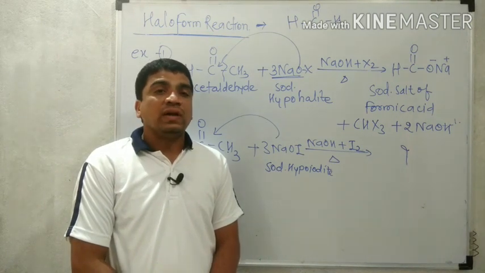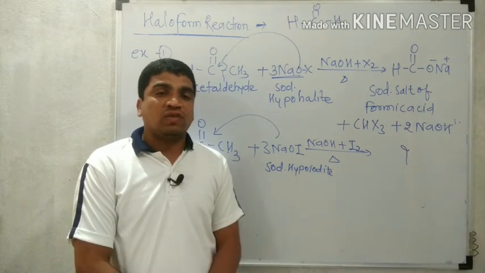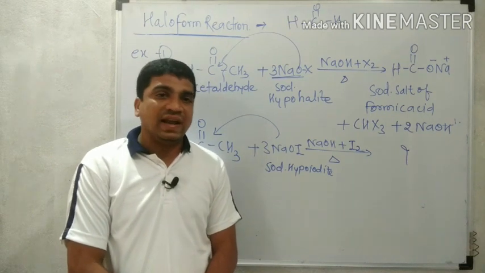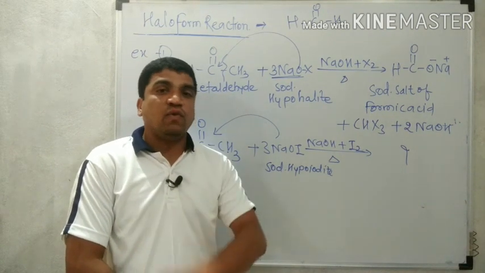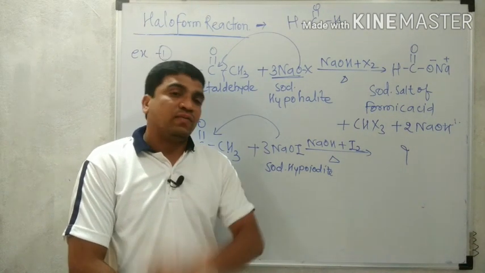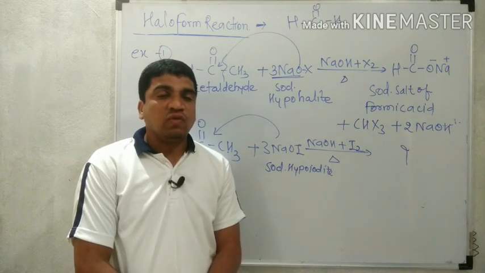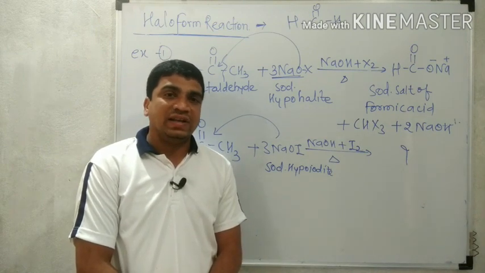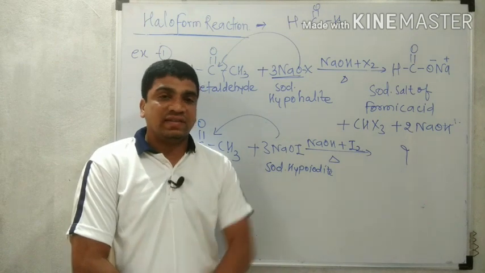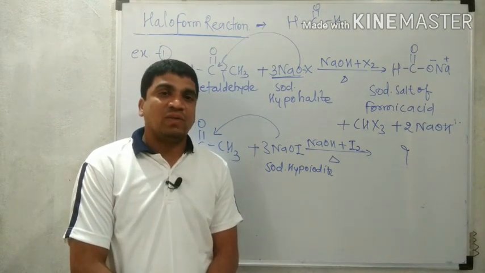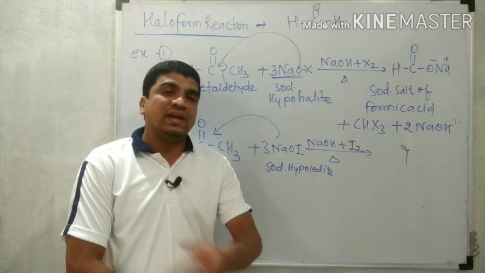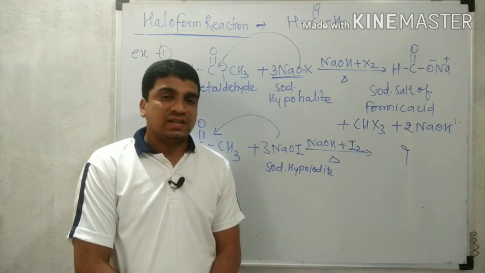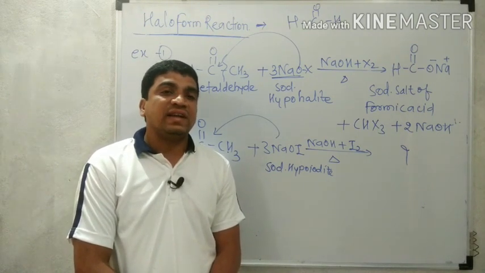Now that is all about the oxidation reaction of aldehyde and ketone, our fourth category of reaction. Firstly, we discussed the nucleophilic addition reaction of aldehyde and ketone. Then we discussed the condensation reaction. After that, the third reaction we discussed was the reduction reaction.